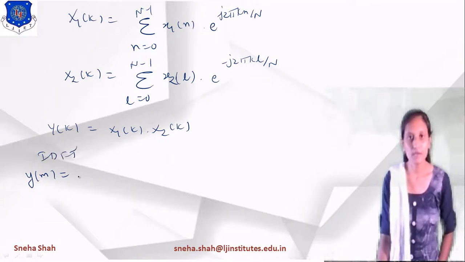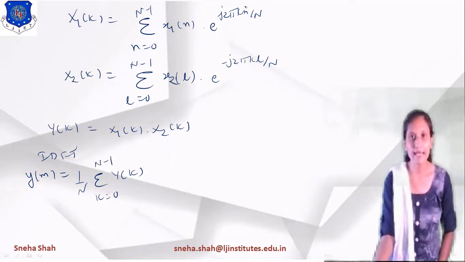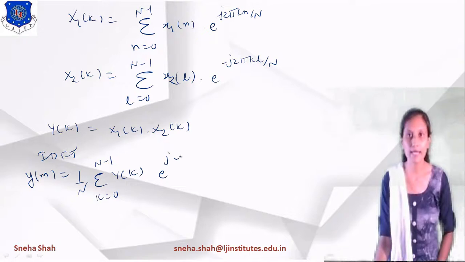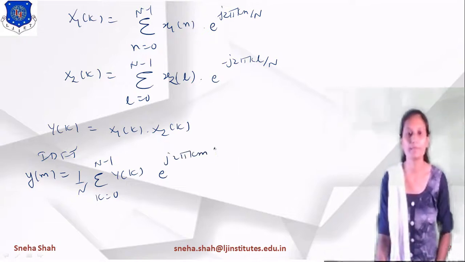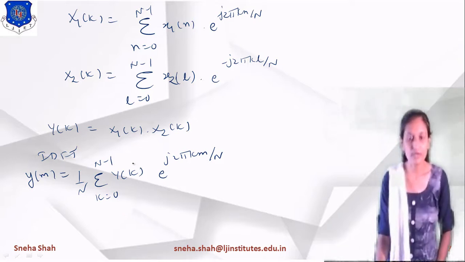So taking the inverse DFT, the term will be y of n equals 1 by N summation k ranging from 0 to N minus 1, Y of k e raised to j 2 pi km by capital N. Now, what is the value of Y of k? Y of k equals X1 of k into X2 of k, so I am putting these two values over here.